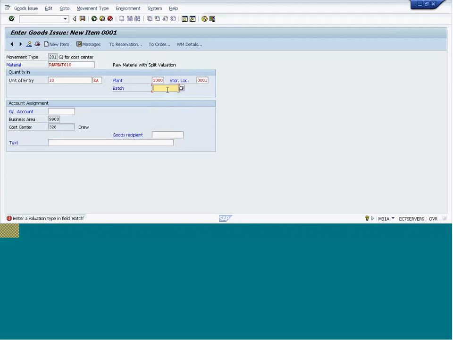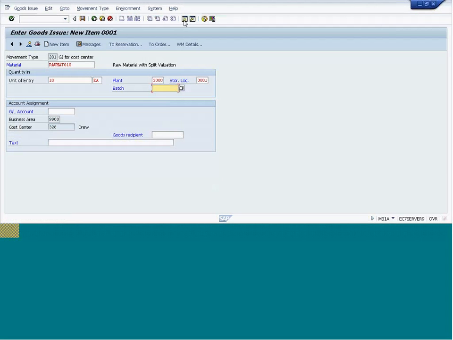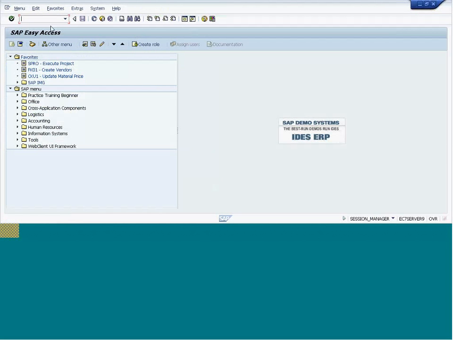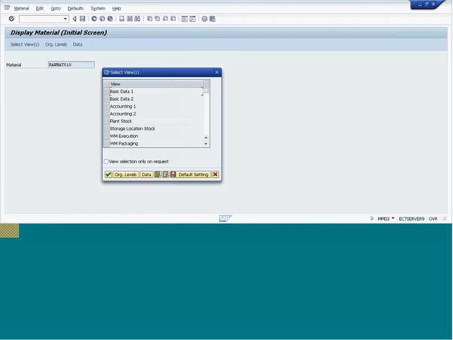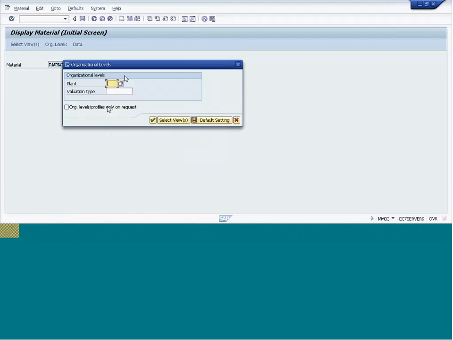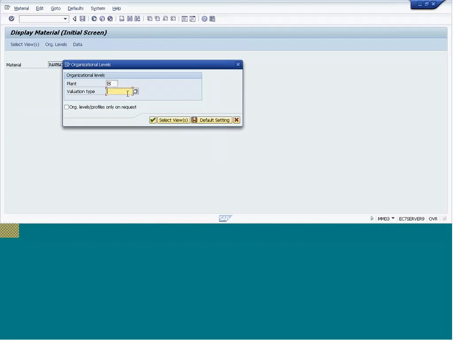Yeah, it has to give that, enter the valuation, right? So it is asking for the value. So yeah, I think it will be grade A, right?